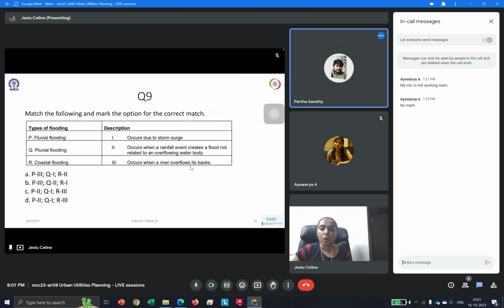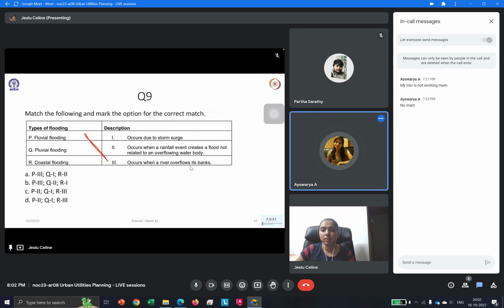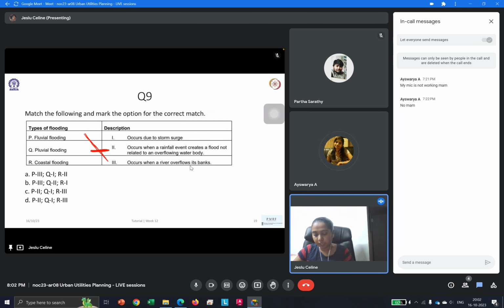Option 3, occurs when a river overflows its banks. Very good, that is fluvial. Now, what is pluvial flooding? Option 2, occurs when a rainfall event creates a flood not related to an overflowing water body.